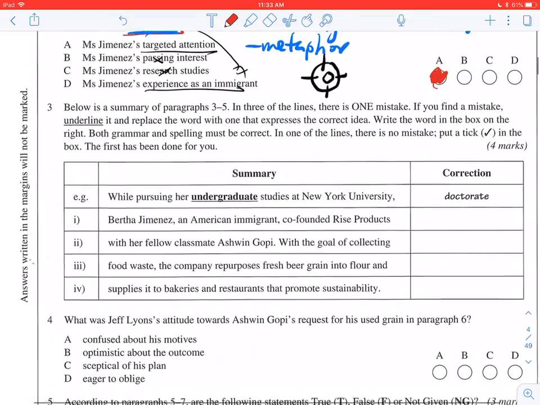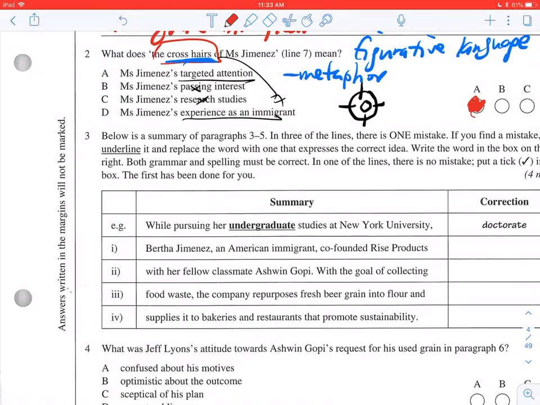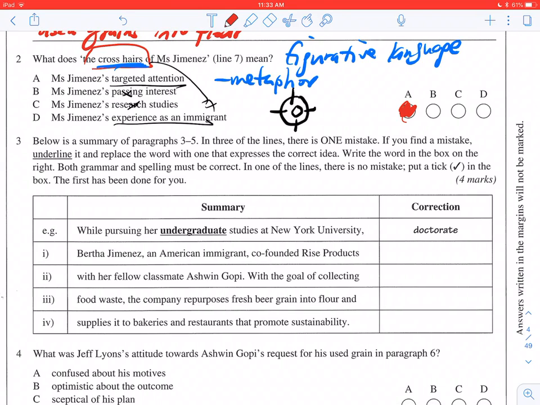Okay, let's move on. For this kind of question, you can just go back to the passage and have a look, and I don't want to waste too much time. Ecuadorian. Now for 3-2 here, there are a number of possible answers: reducing, or you can say recycling, or reusing.